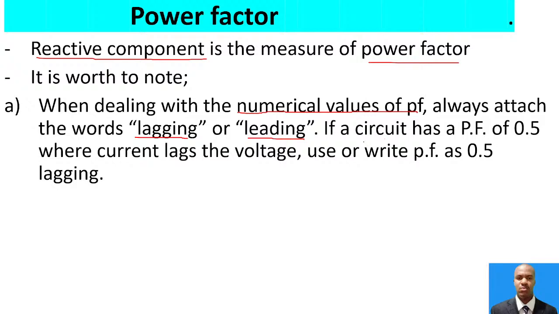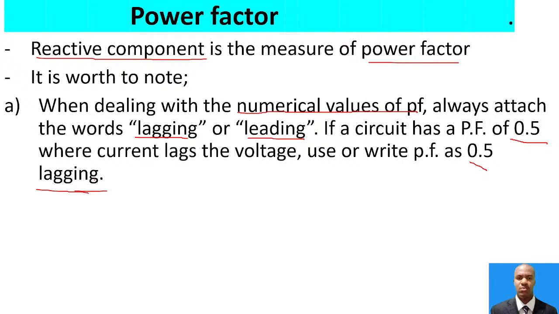So in case the circuit has a power factor of 0.5 and the current lags the voltage, express it as a PF of 0.5 lagging. And again, power factor can be expressed in the form of a percentage.